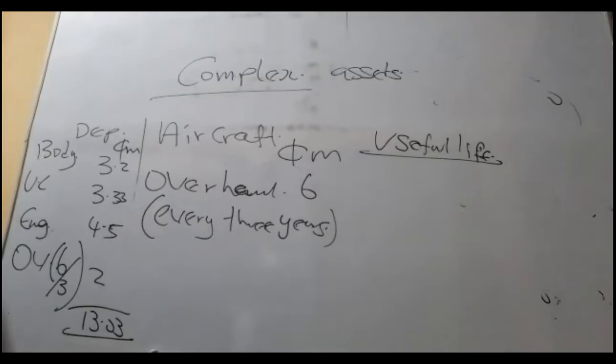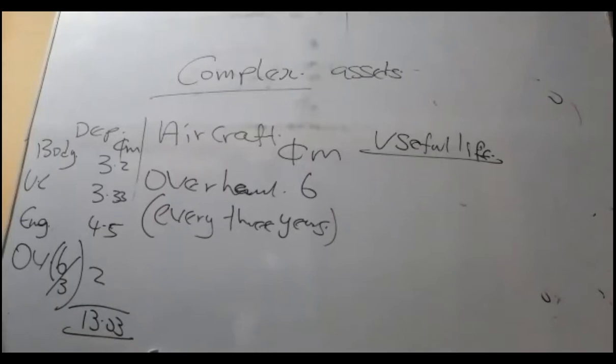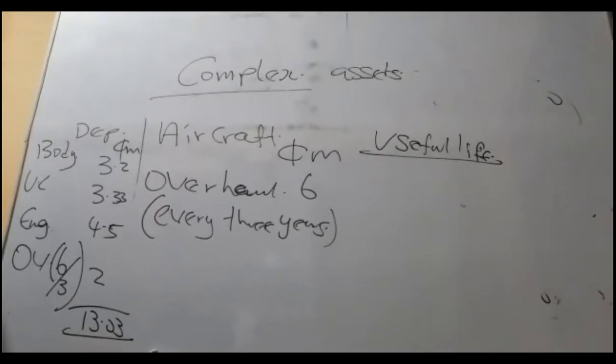We assume that the cost you're going to incur will be treated as a cost on its own. And then you depreciate it over the life, that is, how long it will take you before you do another overhaul. Then you are done. Good.